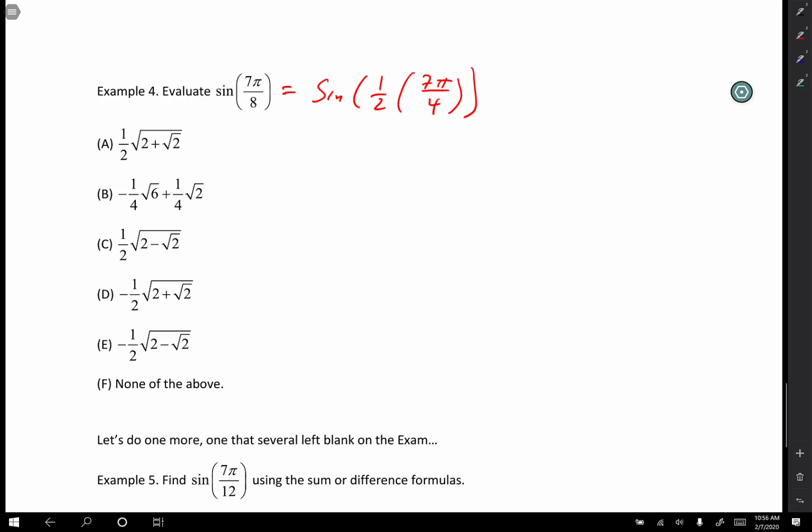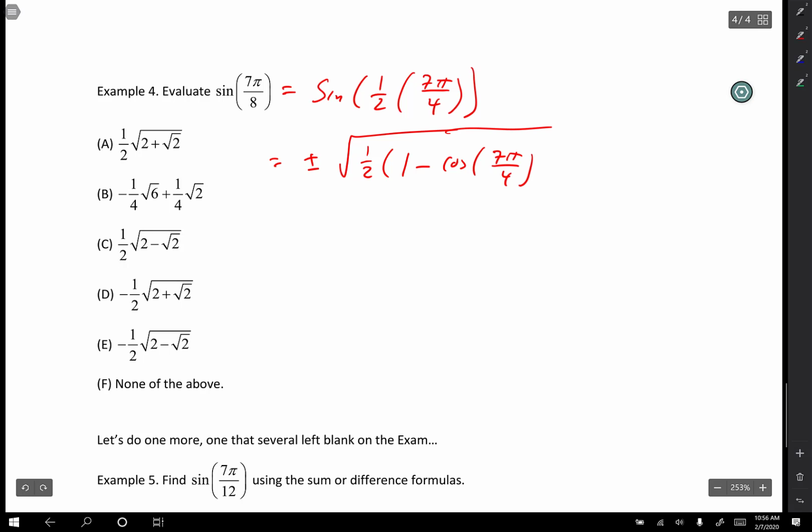This is going to tell me what sine of 7 pi over 8 is, which is half of 7 pi over 4. It's a half angle property. So plus minus square root of 1/2 parenthesis 1 minus cosine of 7 pi over 4, equals plus minus square root of 1/2 1 minus square root of 2 over 2.